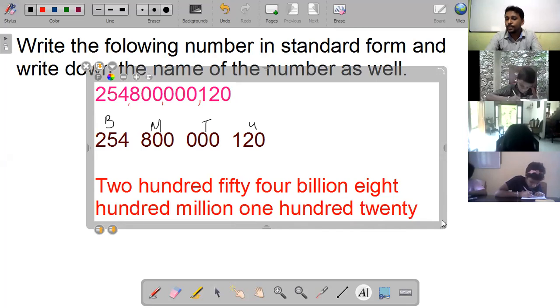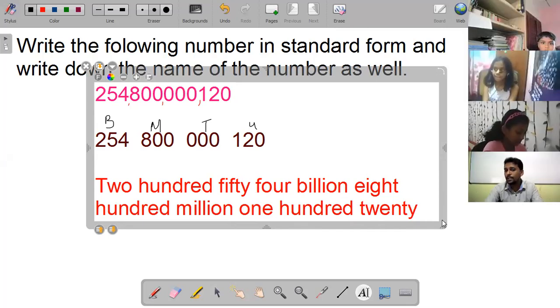The period is units, but the unit period name need not be written. So what is the answer? 254 billion 800 million 120.